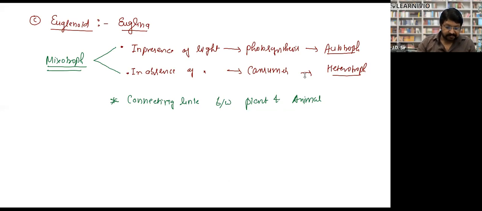First characteristic: Euglenoid include Euglena-like organisms. Full stop. Next point.